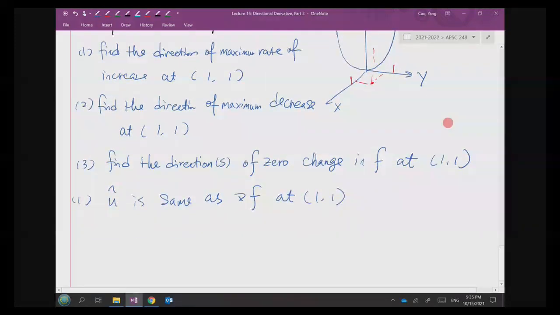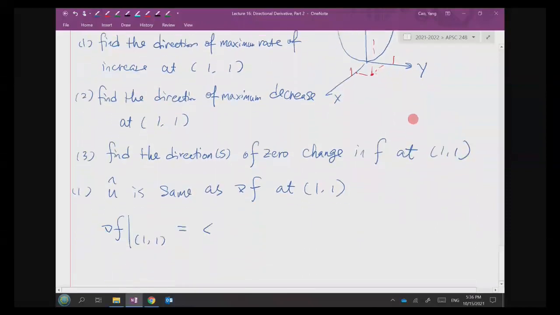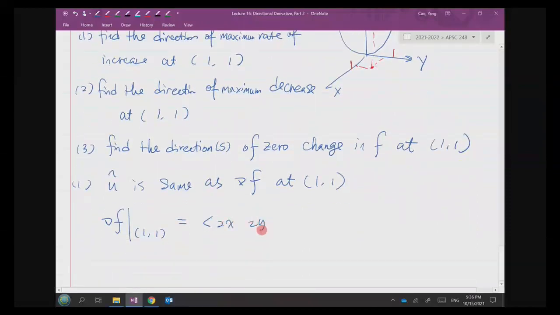So I need to find the direction u hat in the same direction as del f. Well, I need to calculate del f at 1, 1. I have the function x squared plus y squared, so that gives you 2x, 2y, which at 1, 1 is 2, 2.